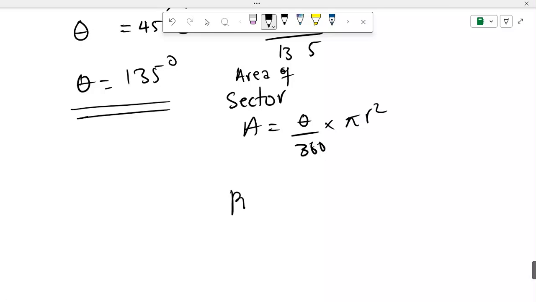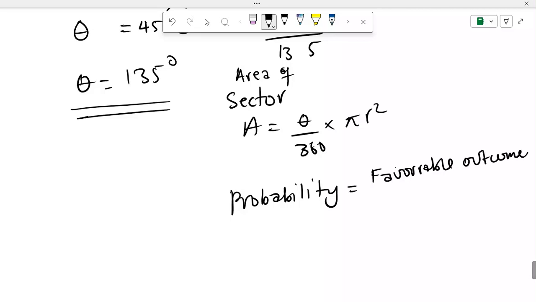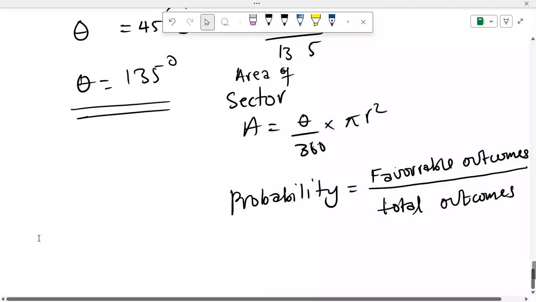Then we've also talked about probability. Probability equals favorable outcomes over total outcomes. Okay, so you have to know these things.